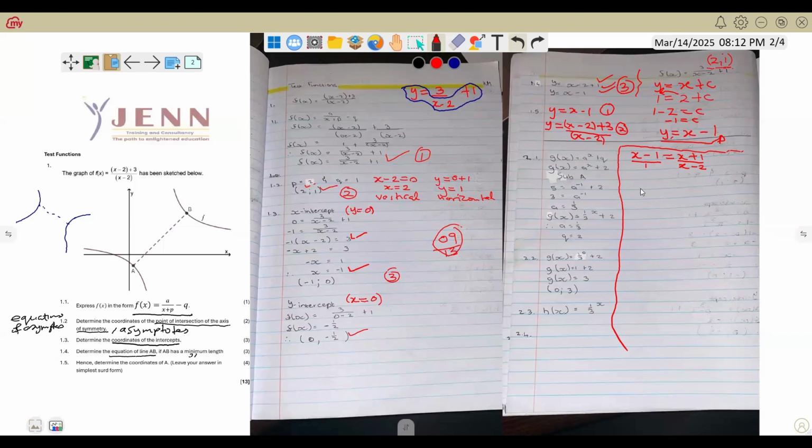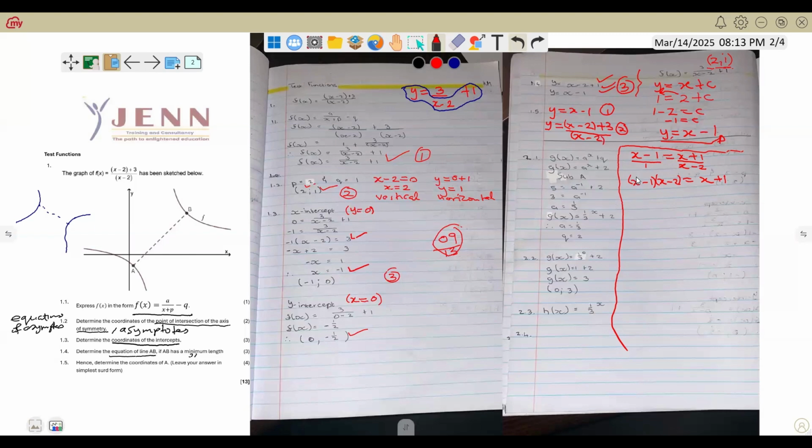Yes, sir. So we now have x minus 1 multiplying x minus 2, which is this denominator. Are you seeing that? Yes, sir. Being equal to x plus 1 multiplied by this one. Then expand the bracket here.